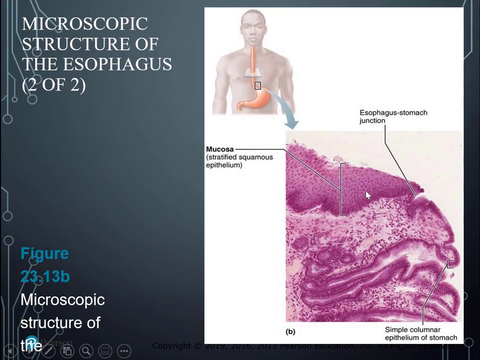And here you go, you could see it a little bit closer. It's made up of stratified squamous epithelium right in the area where you have the esophagus. But because this is right at the junction of the esophagus and the stomach, if you take a look at this under high power magnification, you'll find out that these are all made up of simple columnar epithelium.